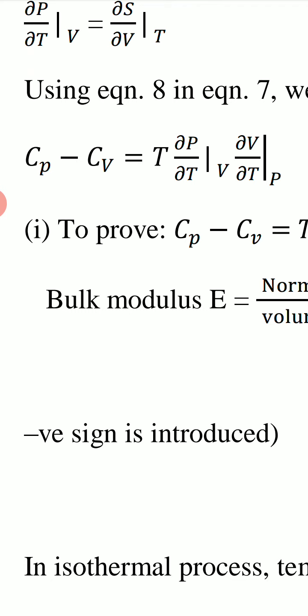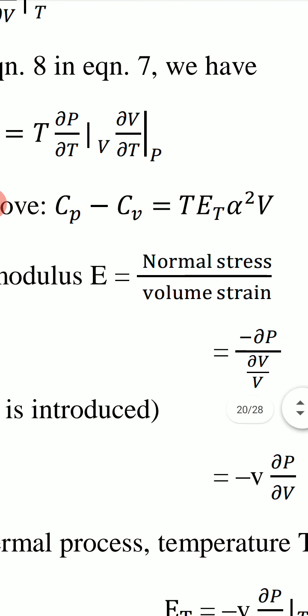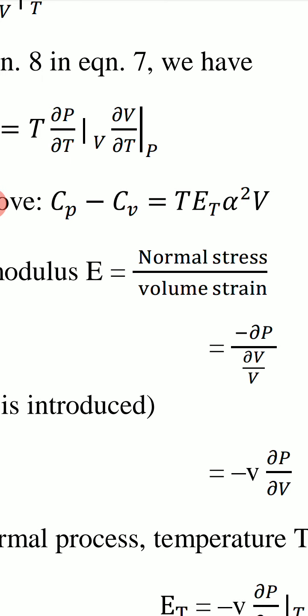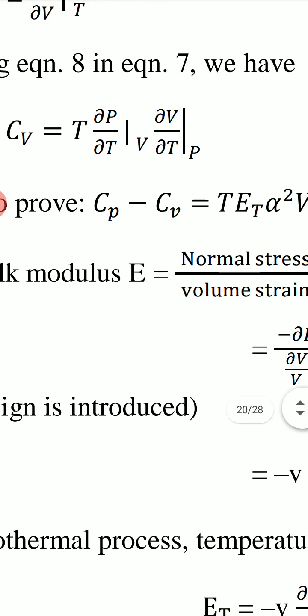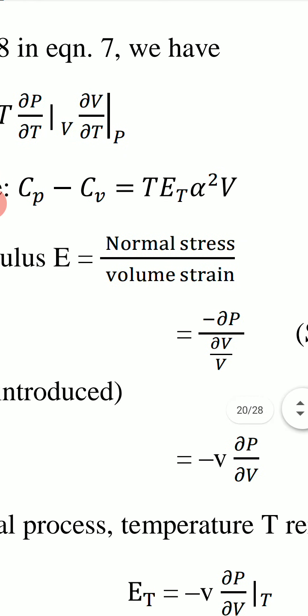Now using this relation, we want to prove that Cp minus Cv equal to T Et alpha square V. Here we have two terms, Et and alpha. E is bulk modulus. Bulk modulus E, this is the definition of bulk modulus.